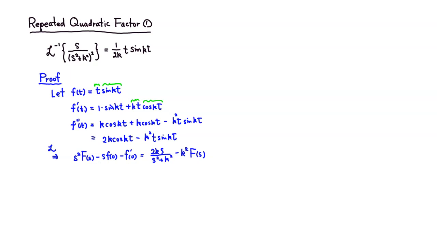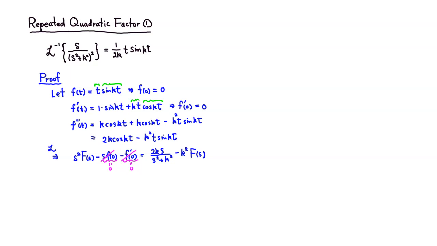But first, we want to find f of 0. If you plug in 0 for t, it's obviously 0. Also f prime of 0: if you plug it in here, sine of 0 is 0, 0 times anything is 0, so it's all 0. Which means that this guy is 0 and that guy is 0, so we can just scratch them out.